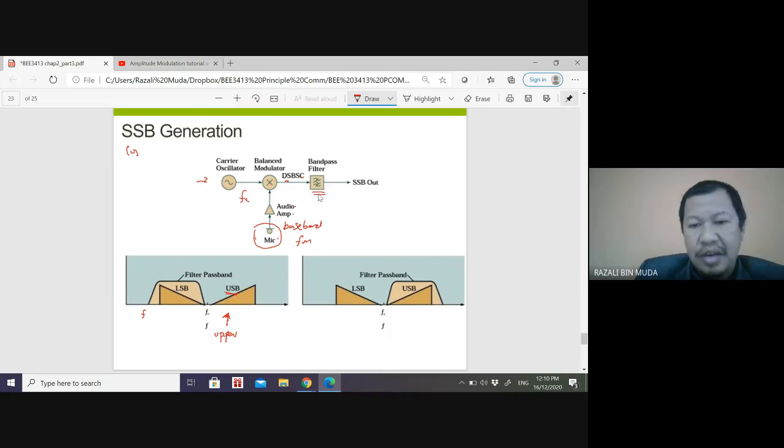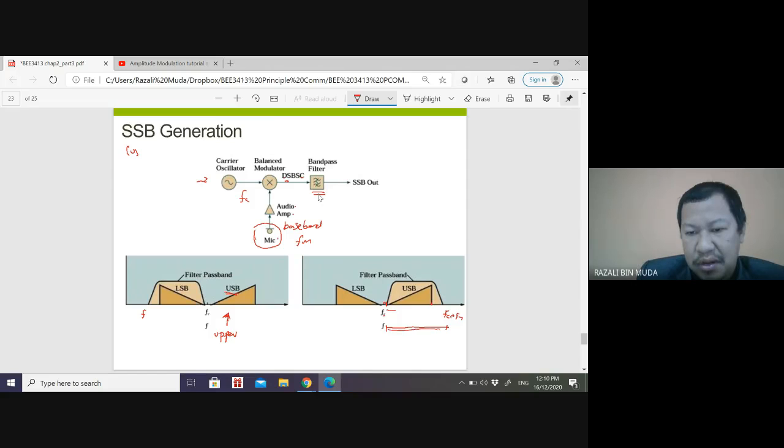On the other hand, you can also remove the upper sideband by using a band pass filter that removes the higher frequency. Here is FC plus FM, right? So this band pass filter removes the frequency between the upper sideband frequency and the carrier frequency.